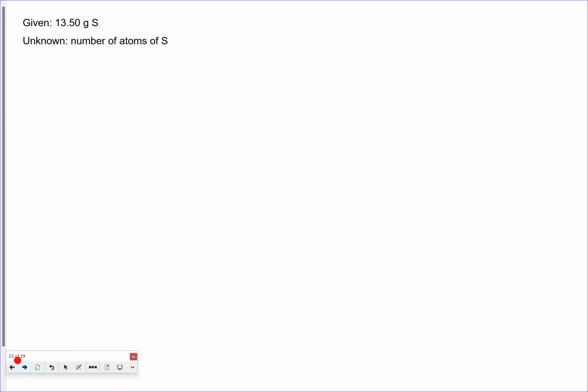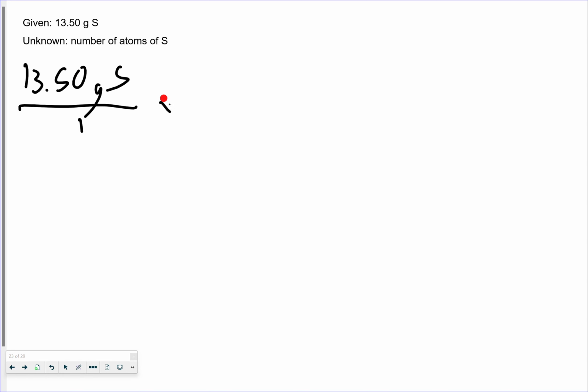And for our last one, we're going from grams of sulfur to the number of atoms of sulfur. This one's slightly different. We have 2 steps for this one. In the previous 2, we just had one conversion. Again, as always, we start with our given over 1, so 13.50 grams of sulfur over 1.